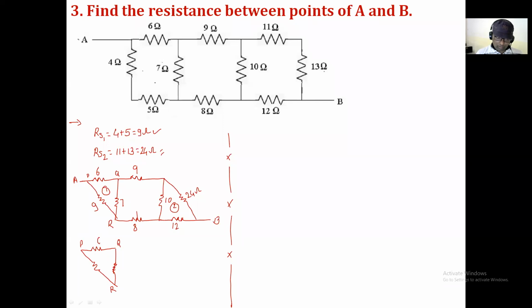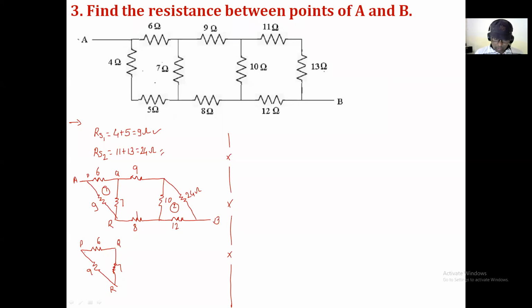Now this is 6 ohm, this is 9 ohm, this is 7 ohm. Whenever you have any problem or confusion, please stop me there and ask me the question, because this is a little bit lengthy numerical. Because a number of times we need to convert delta to star.